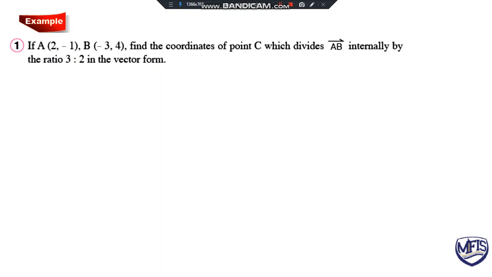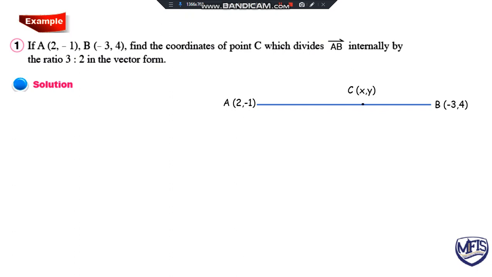We start with A, because AB is a directed line segment, its initial is A and its end point is B. So we have A (2, -1), B (-3, 4), and the point C (X, Y). C divides AB internally, so C belongs to line segment AB, with ratio 3 to 2.